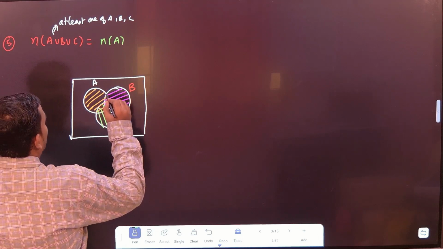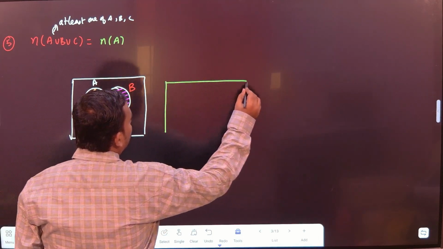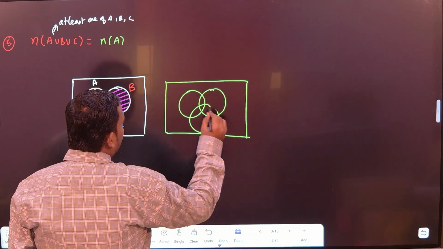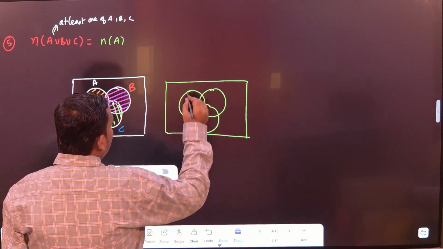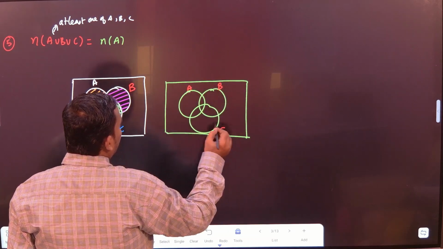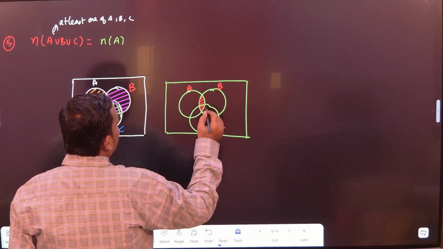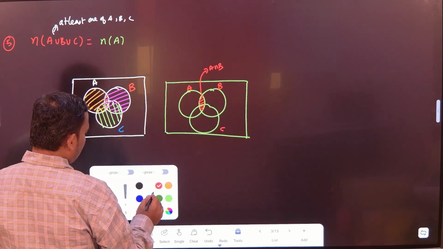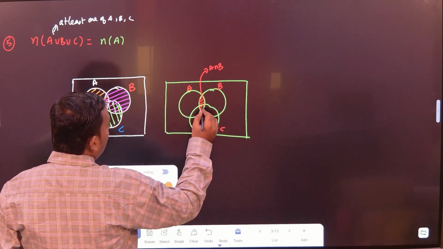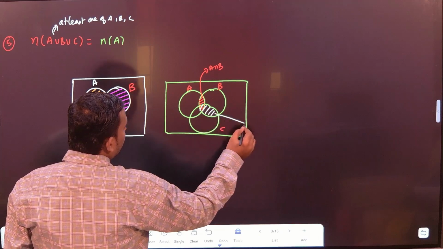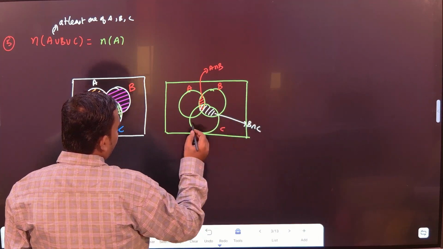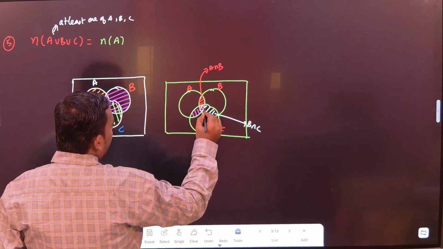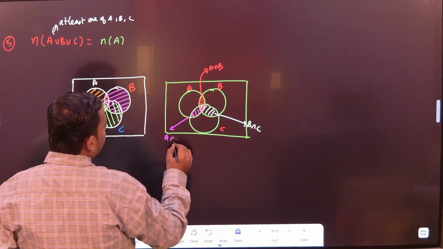You can see here, this is A, this is B, this is C. This is A intersection B. This is B intersection C. Take another color, this would be A intersection C. Clear?